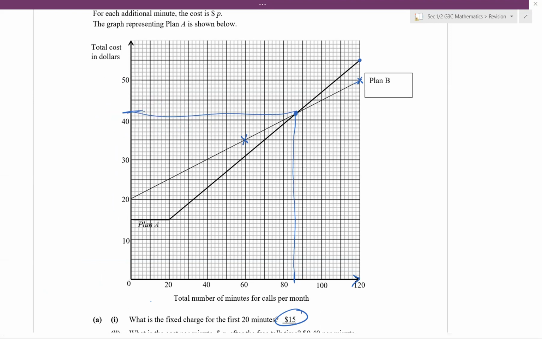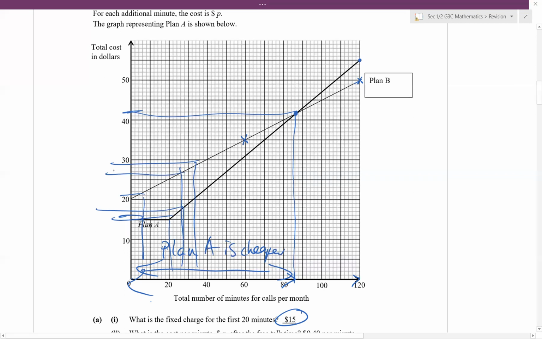Whereas at any other timing, from 0 until this, within this region, plan A is cheaper. Why is it cheaper? Look at all its corresponding prices, all the corresponding costs for A and of B. A is cheaper before the intersection point.